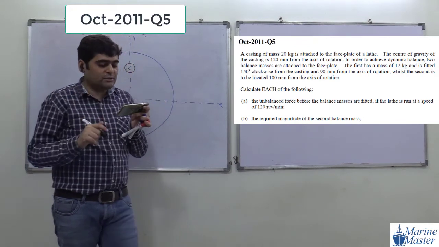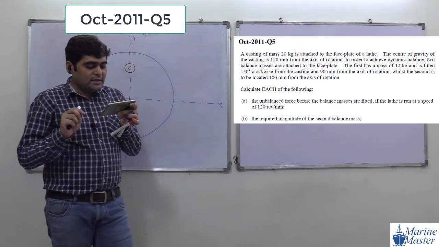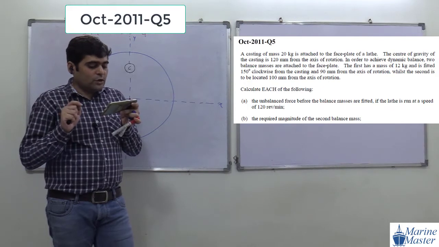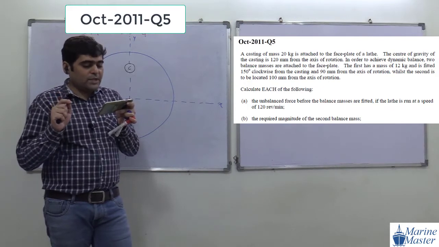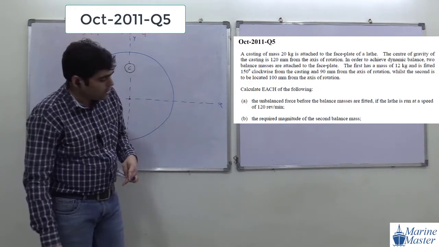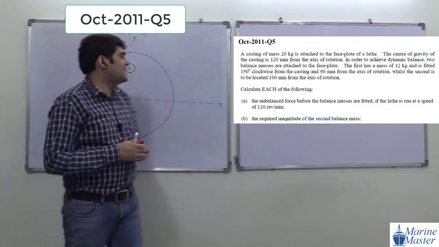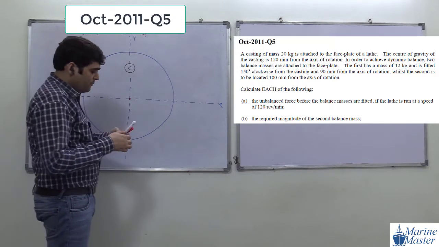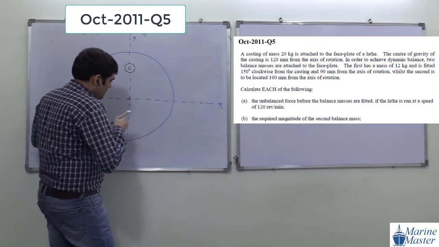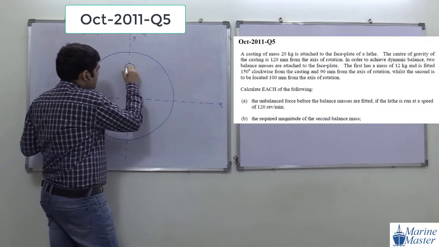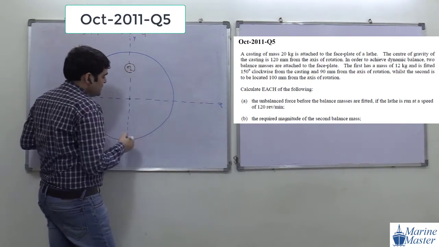We don't know exactly its value. While the second is located at 100 mm from the axis of rotation. So see the scenario, guys. Just one rough sketch. If you want to do the balancing of the casting, if one mass is here, this is MC, the mass of the casting.